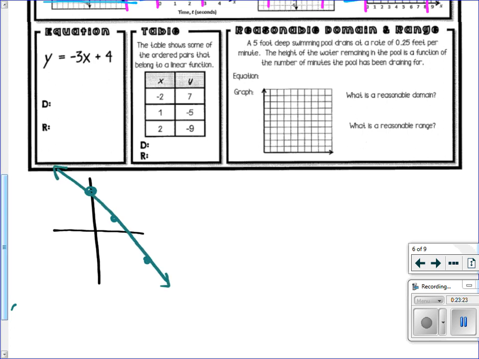Domain, that would be the x values. If I were to find the x values of this graph and went to the farthest part left and the farthest part right, what is on both sides? Arrows, that means it's going to go to infinity in both directions. So in inequality notation, it's negative infinity, less than x, less than infinity.